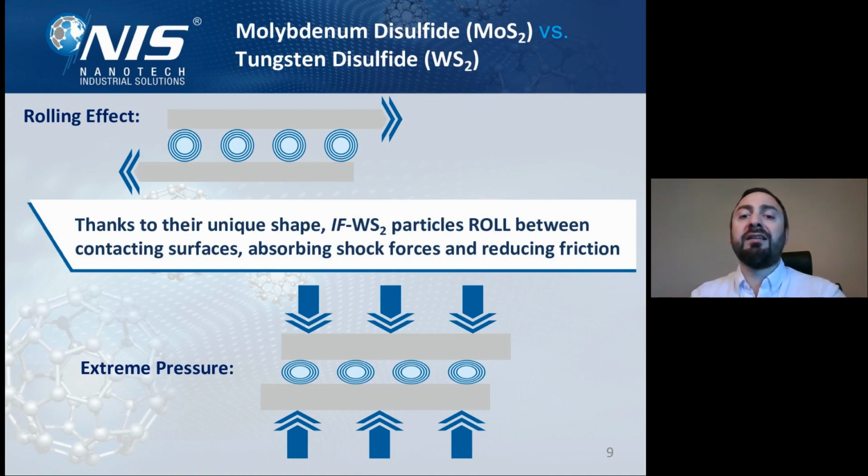So they can not only withstand very high contact pressure, they can also withstand shock. And shock is very important in many industrial applications because, due to the shape and a hollow core, they can absorb the shock and reduce impact on the surface. So they reduce impacts and reduce micropitting and microcrack propagation on the surface.